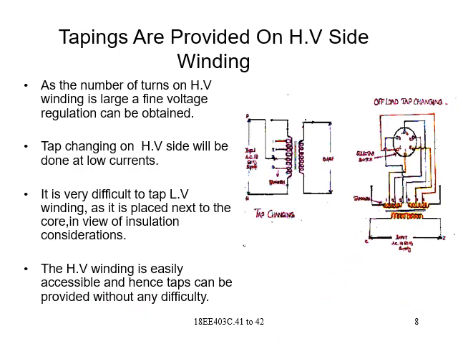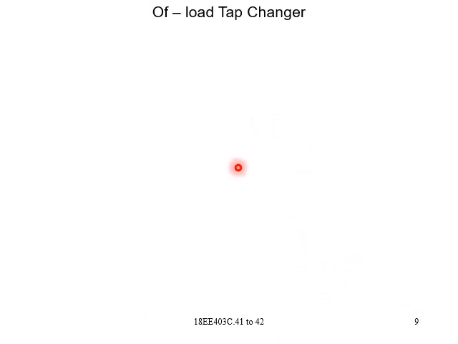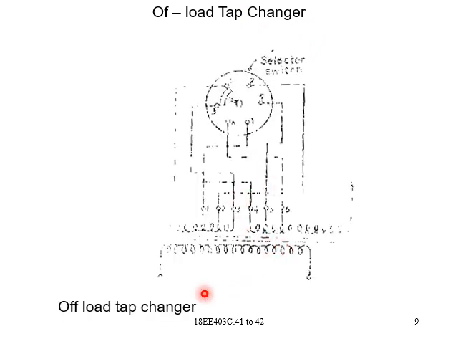Moving on to the next slide: offload tap changer. We have seen the diagram in the previous slide. In the offload tap changer there are some selector switches connected to the tappings.